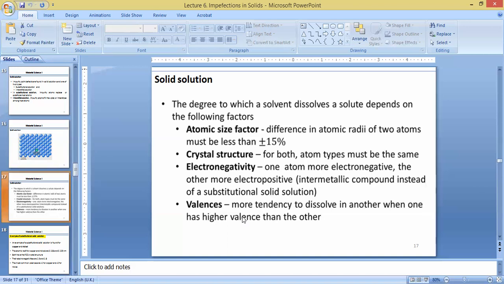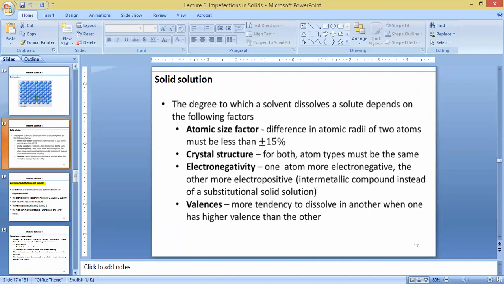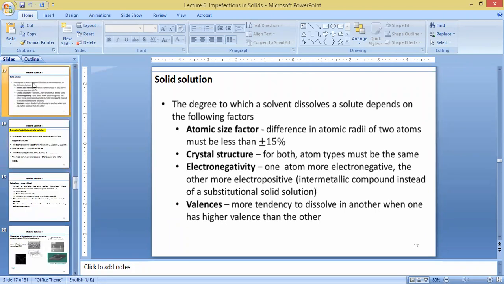We remember. No one remembers. Anyway, if you have a 2 and a 1, the tendency is to dissolve in another when one has a higher valency than the other. Those are the factors on which these solid solutions depend.